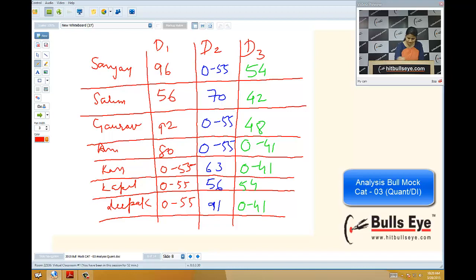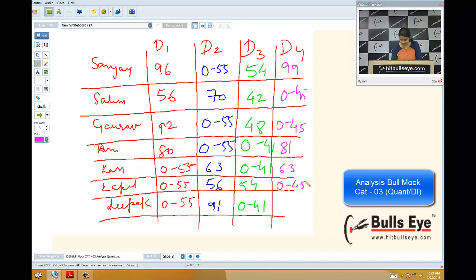Similarly for day 4 I'll write, for day 4 this is 99, 0 to 45, 0 to 45, 81, 63, 0 to 45 and 162. That was the data we can compile by using these 4 days.